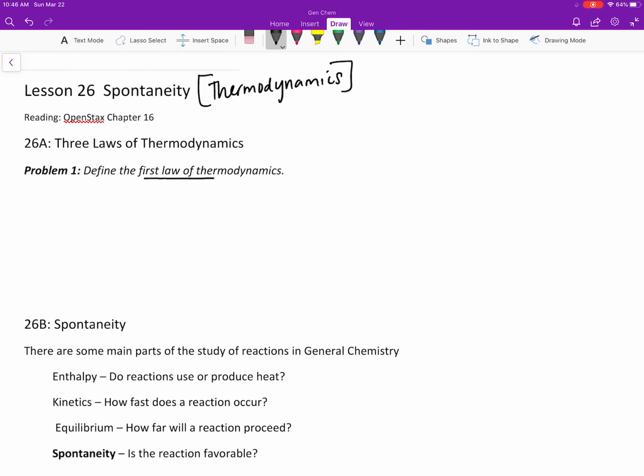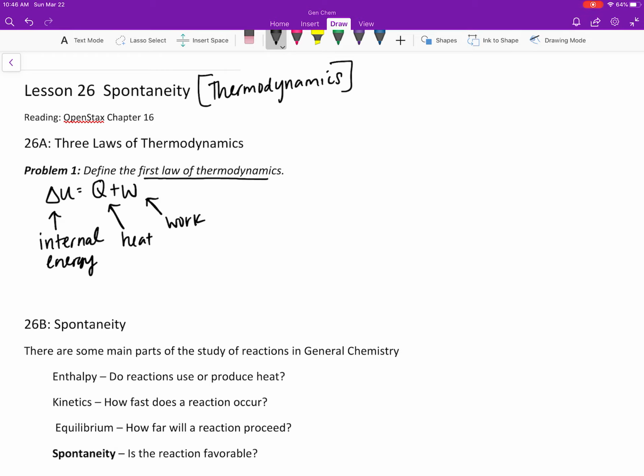The change in internal energy is equal to the heat and the work, the sum of those 2, of our system. You may remember we talked about thermodynamics last semester briefly when we did heat and work and specific heat capacity, so this isn't brand new material, but we are going to add some things to what we already know.